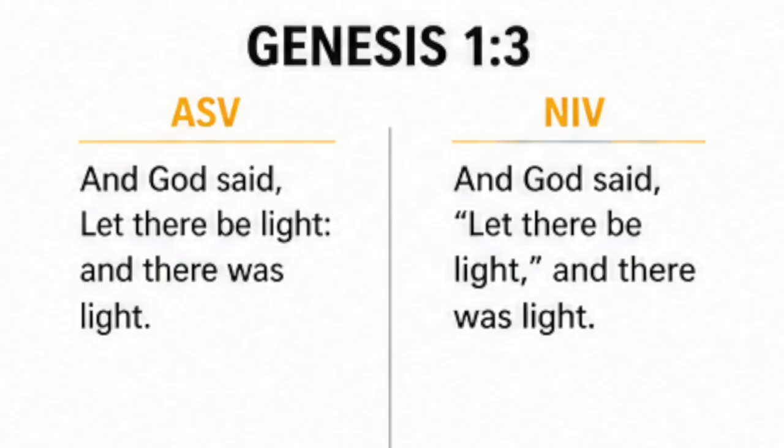Where does the idea come from? The connection between light and person comes later, especially in the Gospel of John. In him was life, and that life was the light of man. And the light shines in the darkness. Christians understand this light as Jesus Christ.